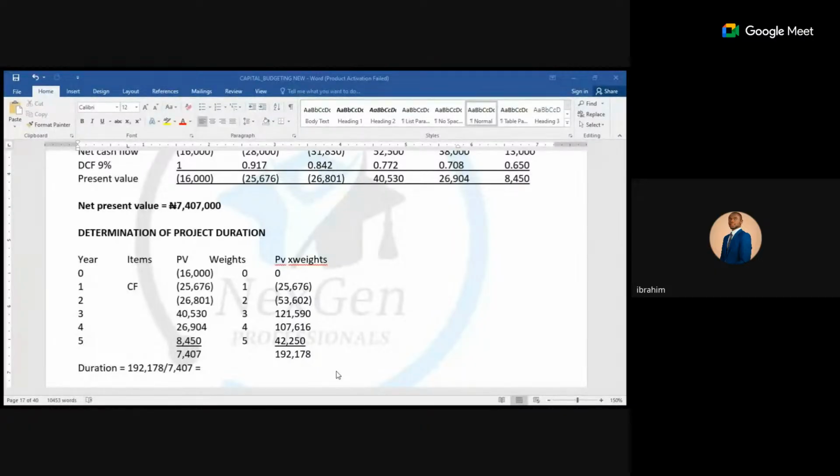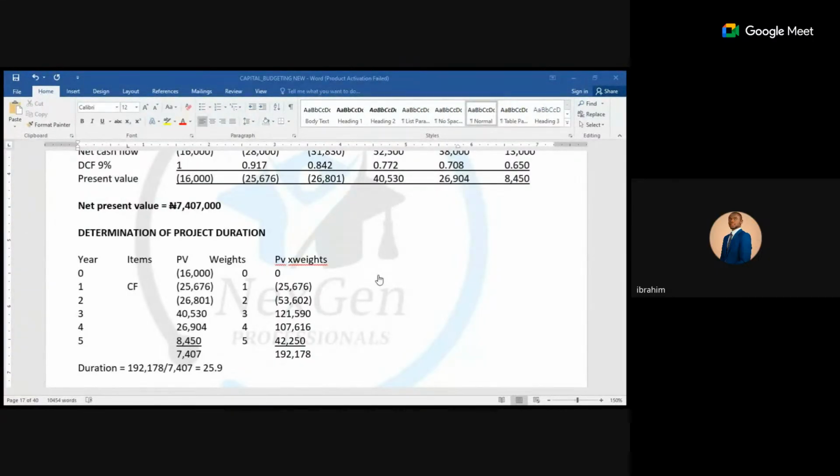It is 25.9, about 25 years. No, that is too much actually. I'm just showing you. It will not be like this because the question did not say we should do duration.